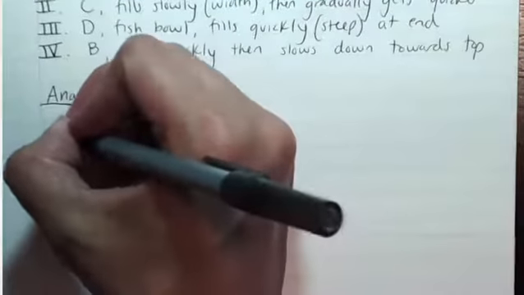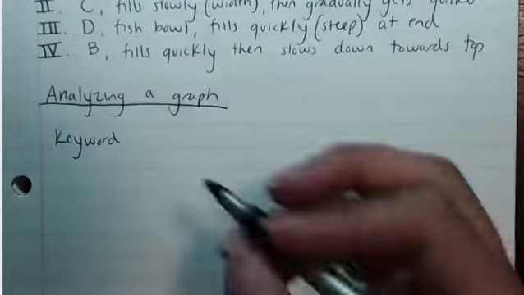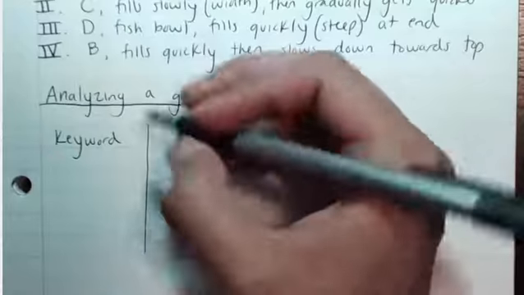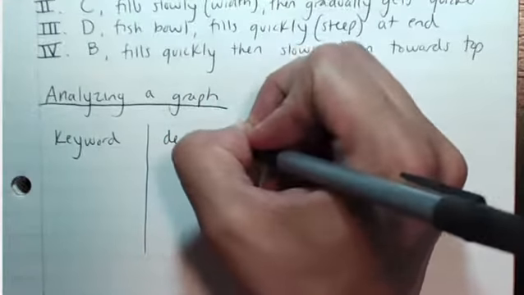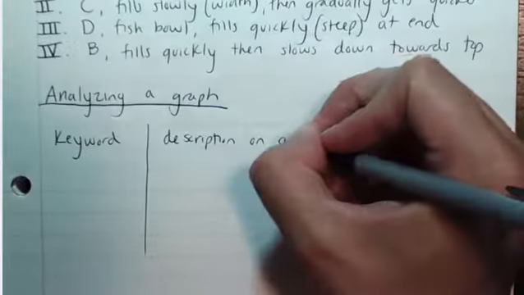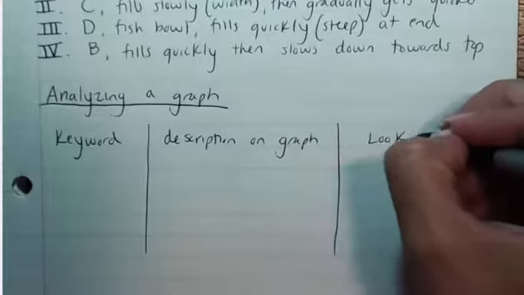We're going to make a T-chart but with 3 columns. So keywords, we're going to write the description on the graph and then the way it looks.